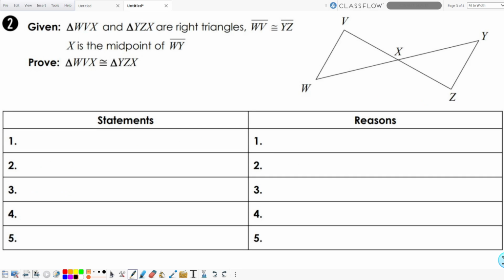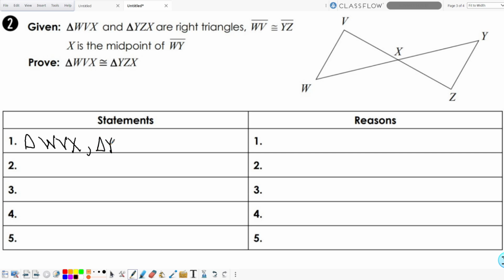Okay. So now we have to fill out both columns, but always start with what you know, which is your givens. So our first part of the given is that triangle WVX and triangle YZX are right triangles. Okay. Triangle WVX, and I'm just gonna abbreviate it a bit.